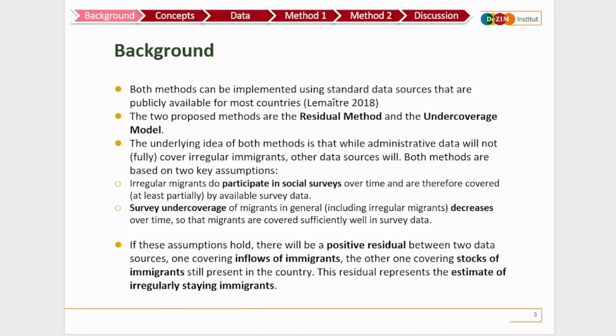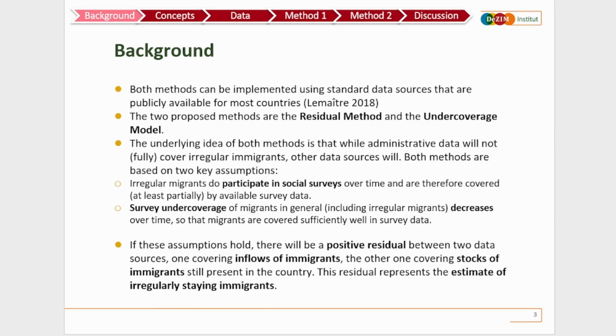The first assumption is that over time, even irregular migrants do participate in social surveys, at least to some degree. And the second assumption is that the known undercoverage of migrants in surveys decreases over time. So given enough time of residence in a country, there will be higher participation rates of migrants and also of irregular migrants.